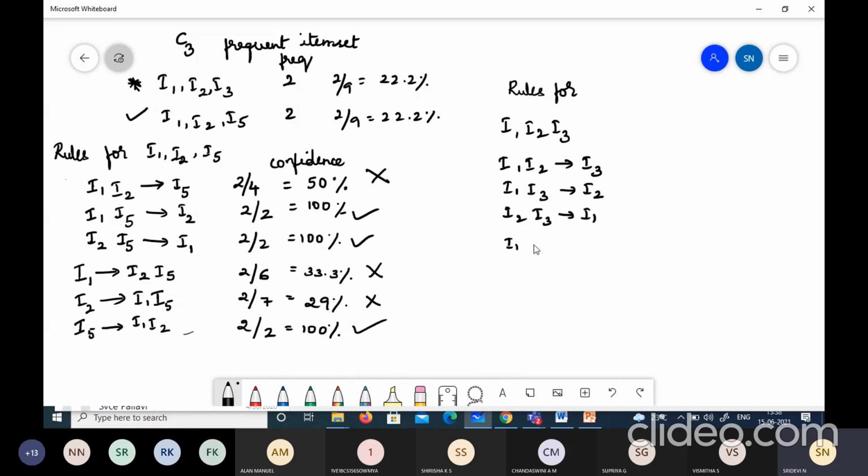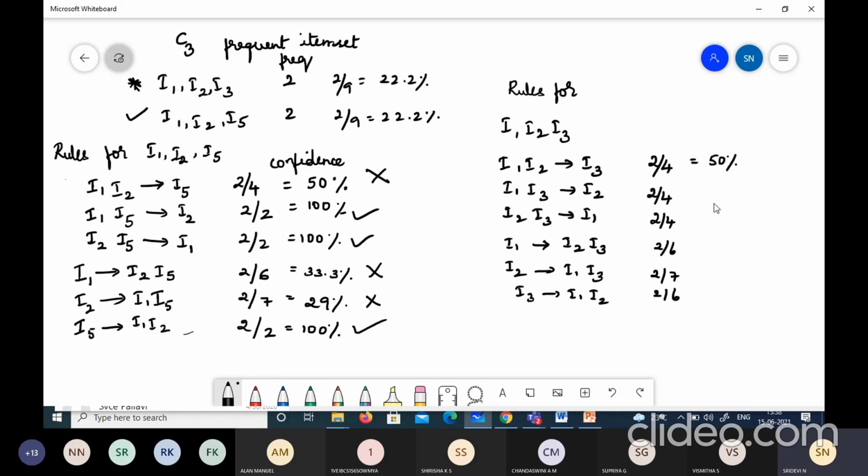I1 tends to buy I2, I3, and I2 means he will buy I1, I3, and I3, he'll buy I1, I2. And the frequency we'll consider by using the tables. So we will have 2 by 4 and 2 by 4. Then we have again 2 by 4, 2 by 6, 2 by 7 and 2 by 6, and many have sent me the answers.